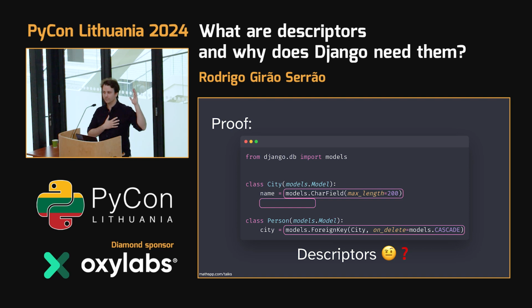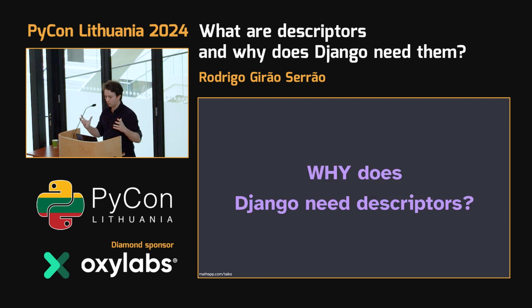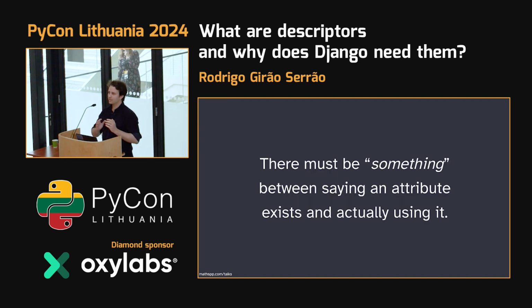Okay? So then, descriptors are at the very core of this functionality. Right? So then, again, why does Django need descriptors? Django needs descriptors because there must be something that's between saying that the attribute exists and actually letting you work with it. There's going to be a layer, because if the attribute is just there, if it's a plain attribute in the Python sense, as soon as you load the city, you're going to be loading, say, a list with the thousands and thousands of people.